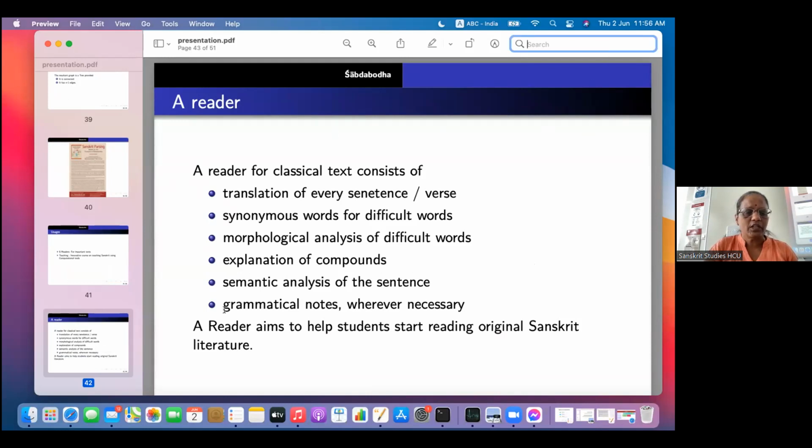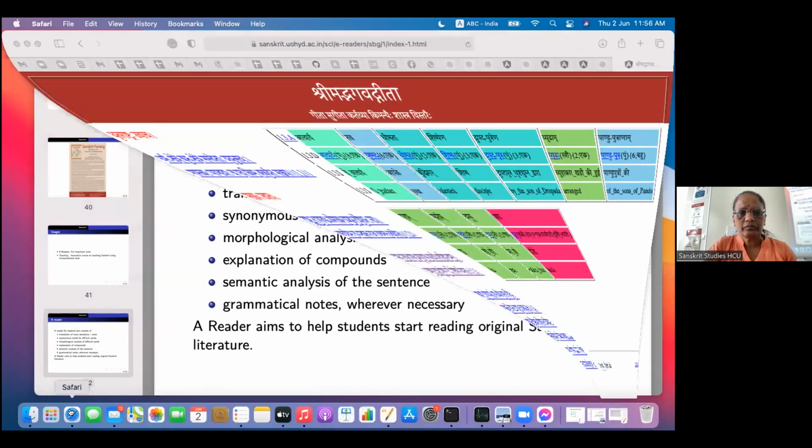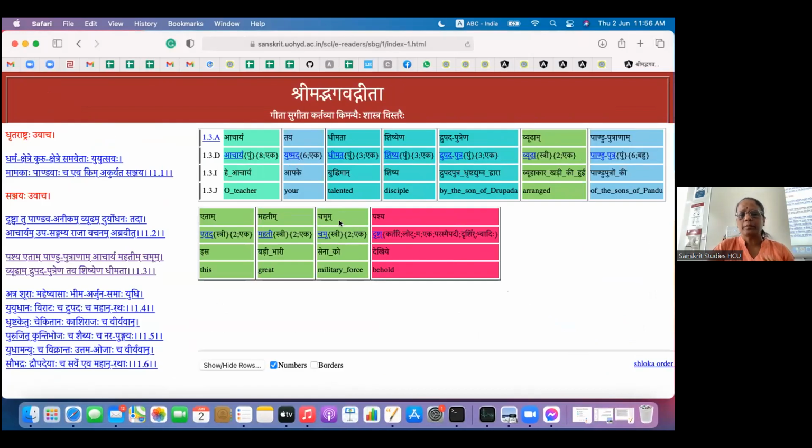So what we do is, if I want to teach this shloka, you will see here, this is the verse, and here the word order is that of the prose. So we have converted this into a prose word order and are presenting the words in prose word order. Then for each word, already the words are segmented.